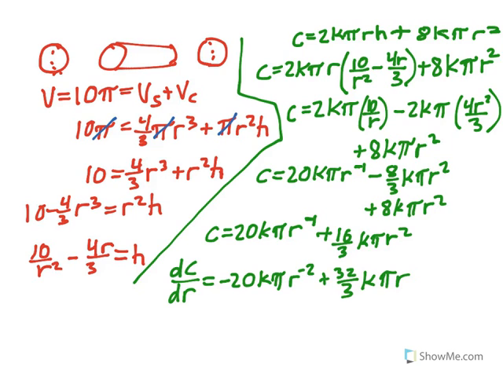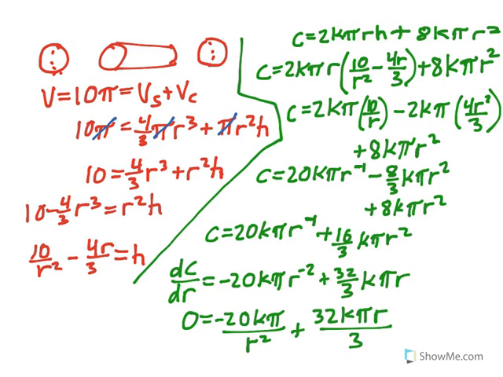Alright, now we set the derivative equal to 0. Negative 20k pi, and let's call this pi over r squared, plus 32k pi r over 3.